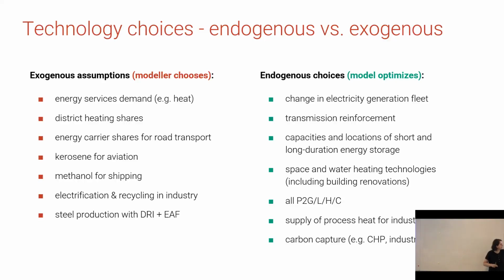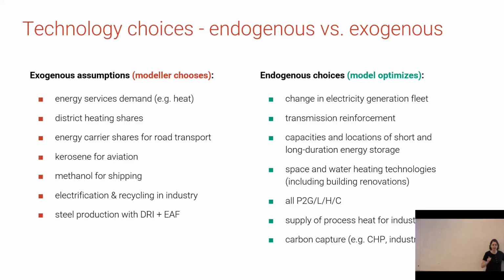How road transport is used, right? I mentioned before that you can select which percentage of the road transport is using electric vehicles, fuel cell vehicles, or internal combustion engine vehicles. Whether you use kerosene for aviation or another fuel. Whether you use methanol for shipping, hydrogen for shipping, oil for shipping, whatever you are using.